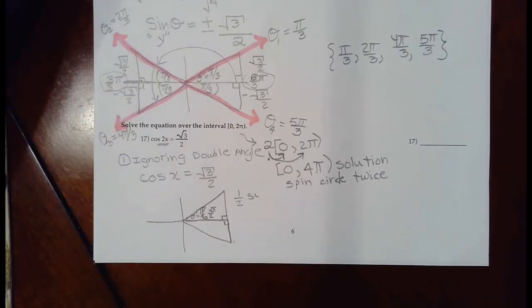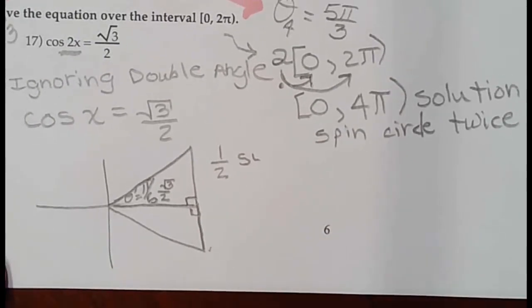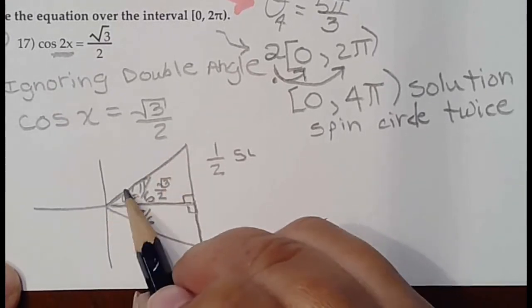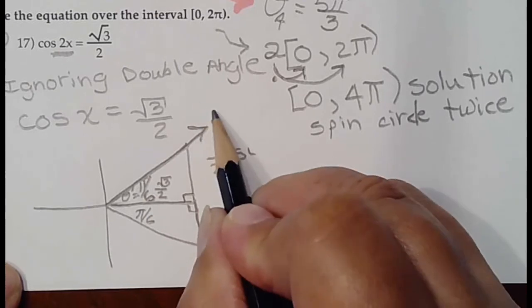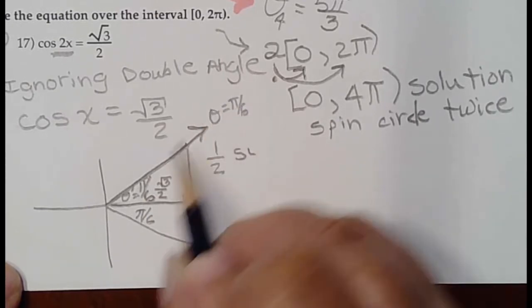But if this angle is pi over 6, then so is this one. So one of your answers right here, this would be theta is equal to pi over 6, because in quadrant 1, theta matches the reference angle. But over here, if you had spun all the way from here to here, we're thinking sixes. This is 6 sixes. This is 12 sixes.